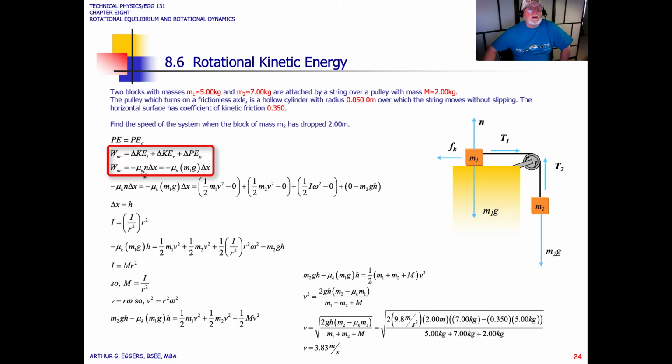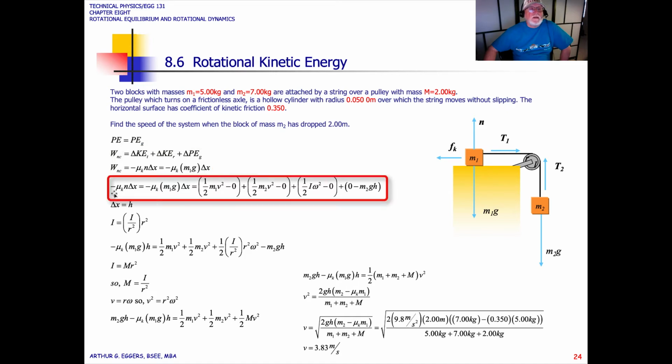So minus mu k times the normal times the change in the distance. It's marked as x, but it's going to be in the y-axis. Mu k, then m1g is replaced for n and delta x.